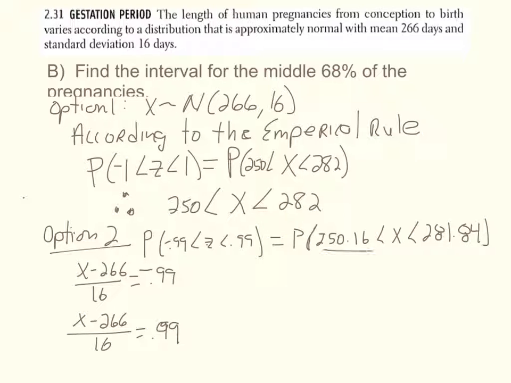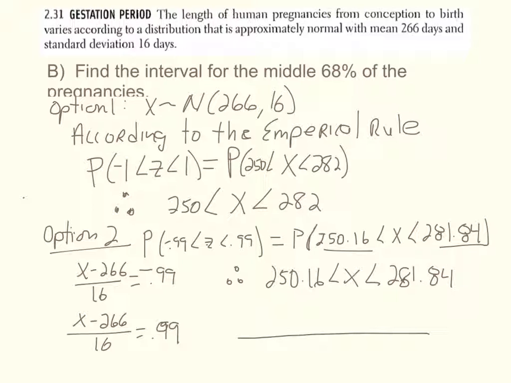Solve for X, and you get those two values. Therefore, the number of days for the middle 68% is between 250.16 and 281.84.